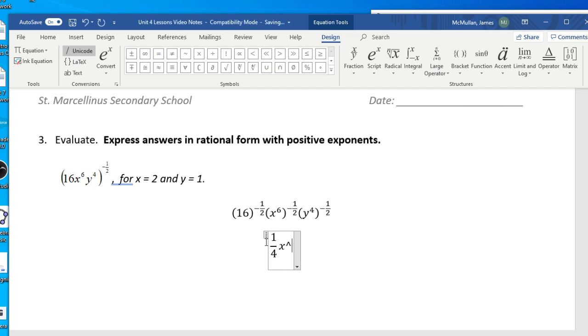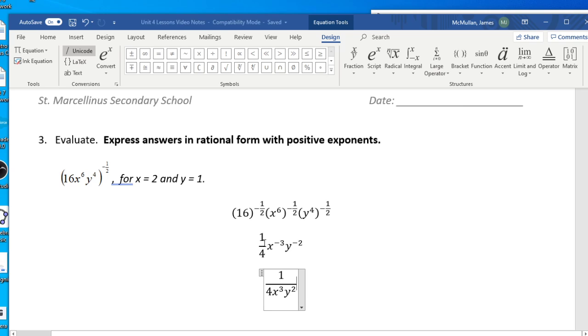Now in the middle one, I get x to the negative 3, and then I get y to the negative 2. And all I'm doing there is multiplying 6 times negative 1/2 and 4 times negative 1/2. Now to finish this off, all that's left on the top is a 1. On the bottom is 4x cubed y squared, right? Because I take those negative exponents and put them on the bottom.